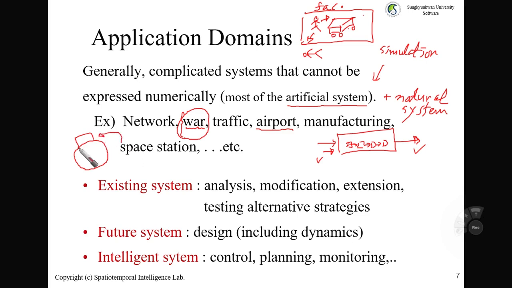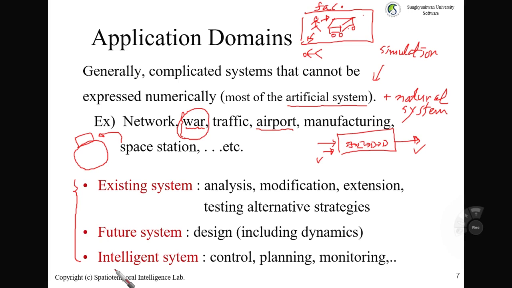Then this should have many functionalities, and the structure must be quite complex. So this is a good area for running simulation. And all these systems can also be classified in view of these aspects.